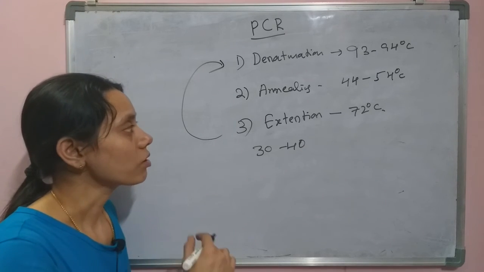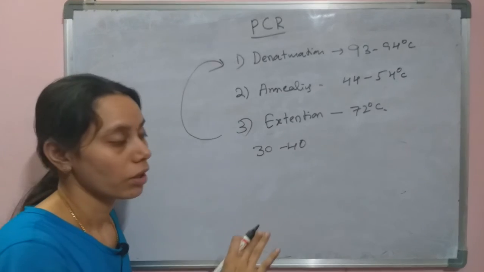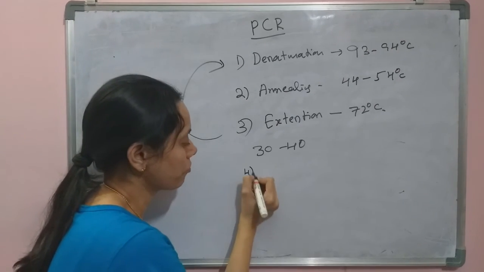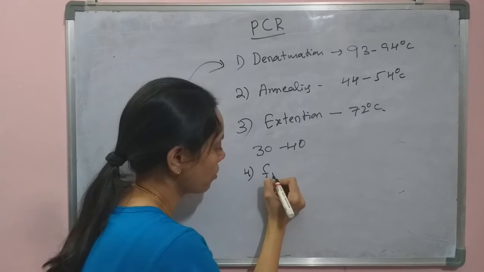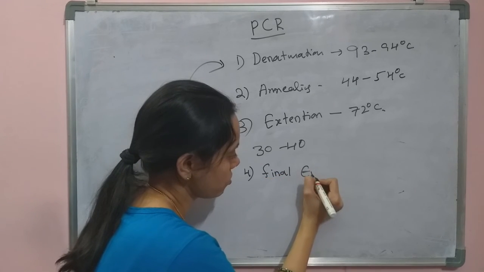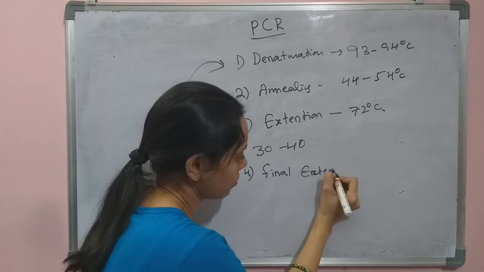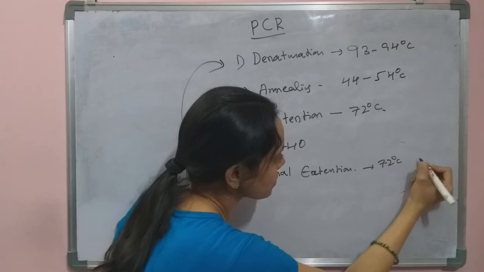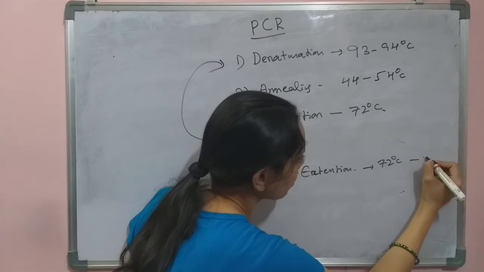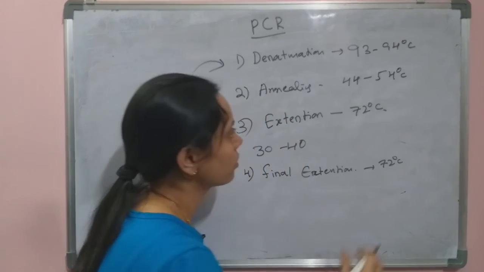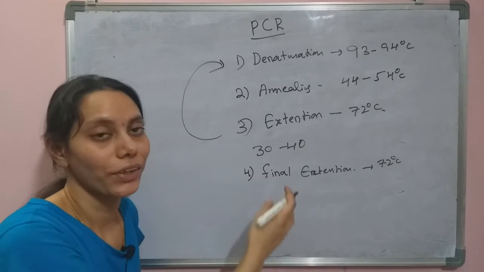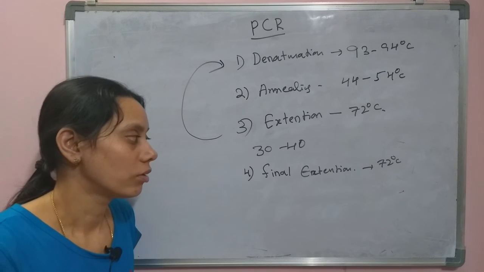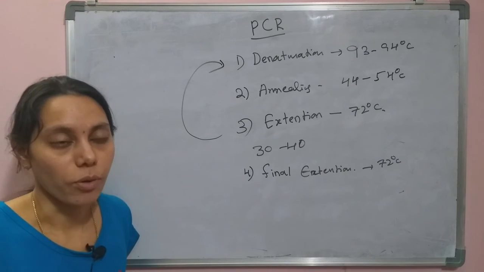And once all 30 cycles are over, we need to go for a process called final extension. So that is at 72 degrees, and this final extension ensures all the DNA complement is synthesized properly.